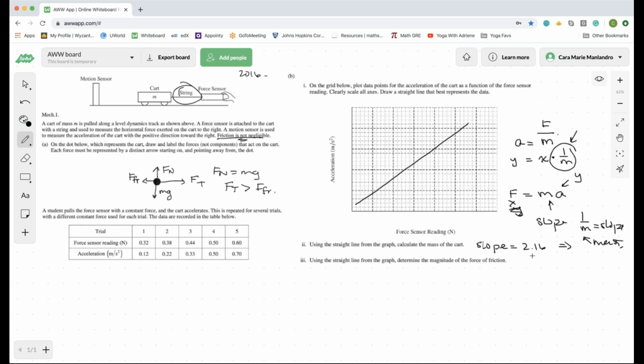All right, so our slope is 2.16, and therefore the mass of the cart is going to be 1 over 2.16. And that should give us 0.46 kilograms. And then if we wanted to determine the force of friction, if I was to extend this line, the x-intercept is going to be the force of friction.